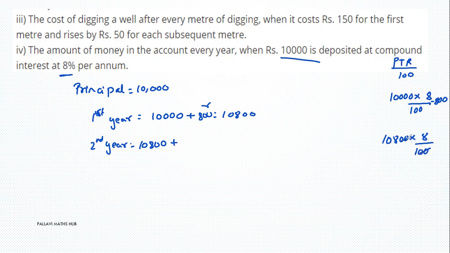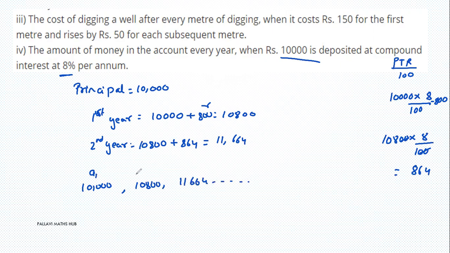The zeros get cancelled, so 108 into 8 is equal to 864. 10,800 plus interest of 864 is equal to 11,664. Now write for the first year A1, 10,000, next 10,800, next 11,664. It will go on.